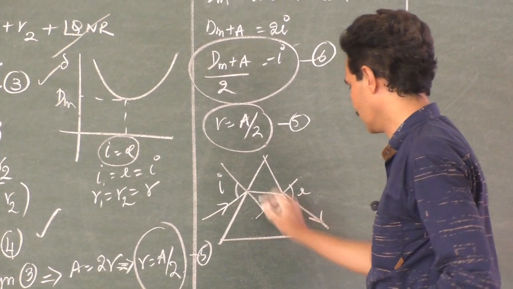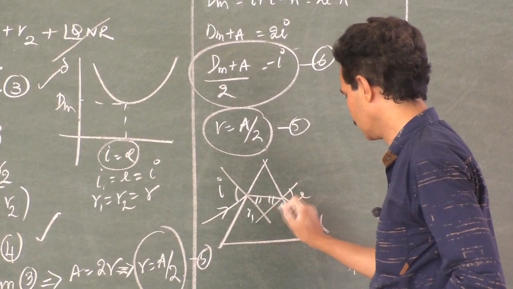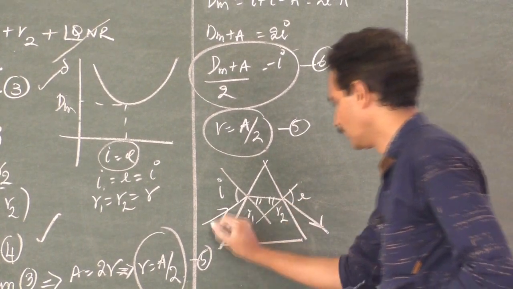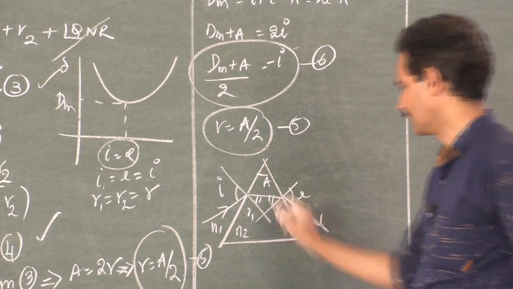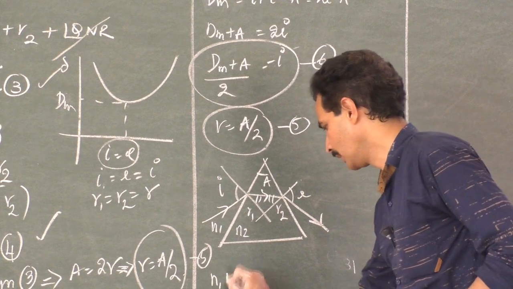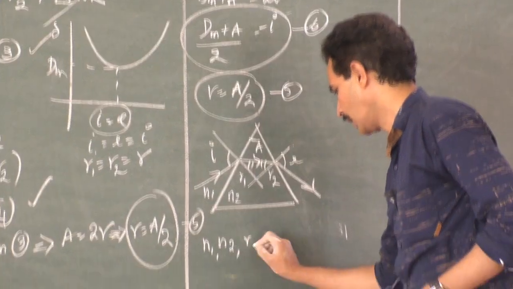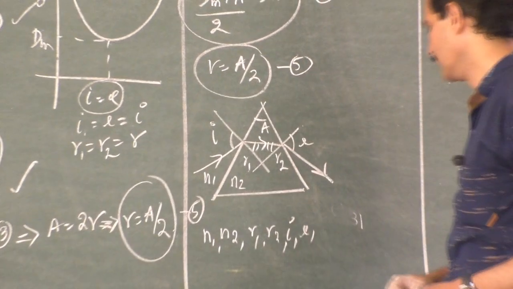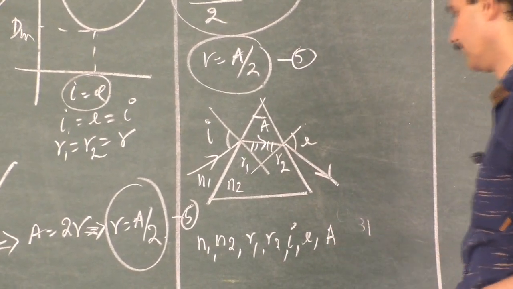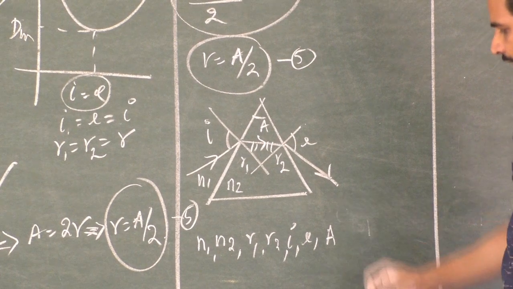I, angle of emergence, R1, R2, right? And N1, N2. And this is A. Our aim was to get the relation between N1, N2, R1, R2, angle of incidence, emergence, and angle of the prism. We were able to connect all these things.